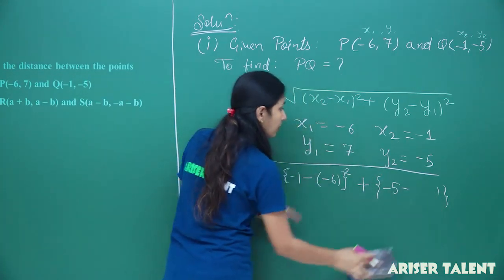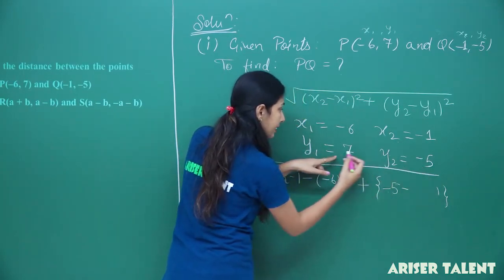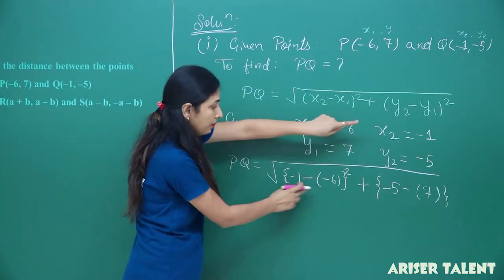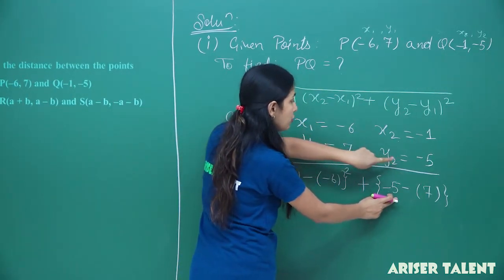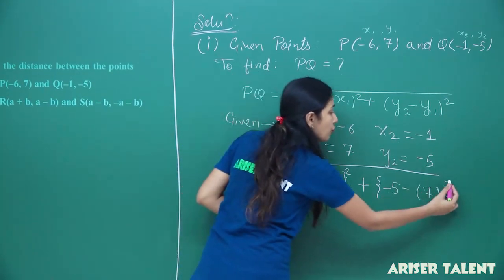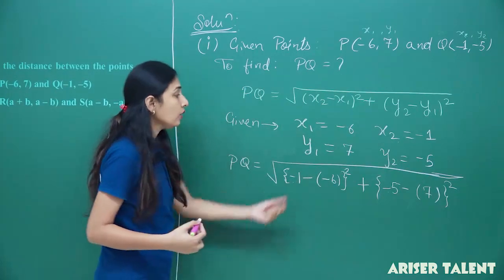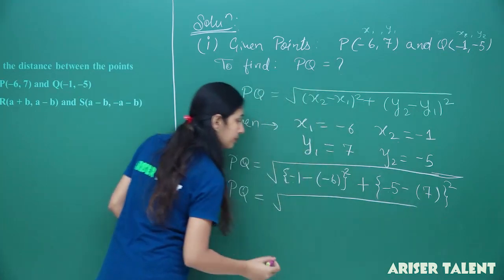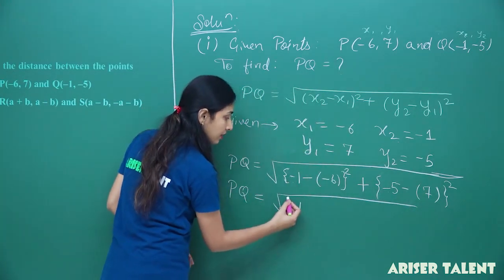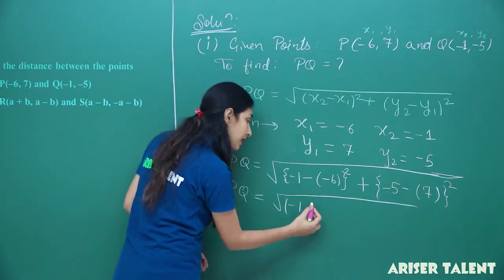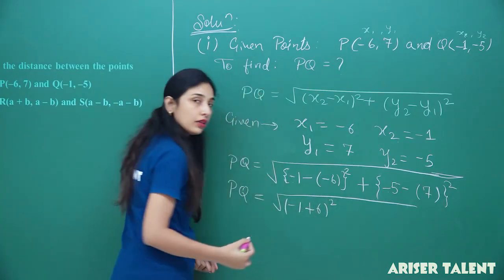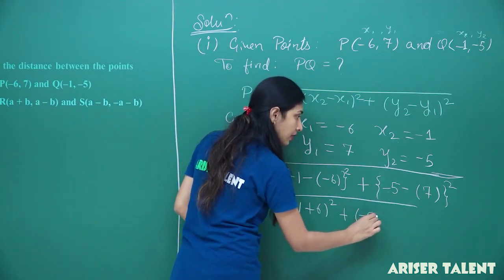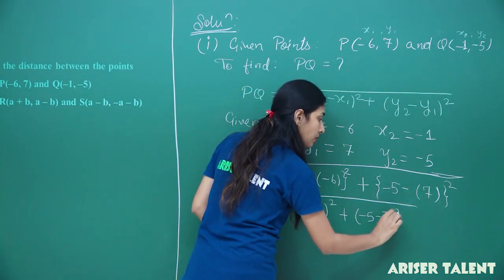The value of y1 is here, minus 5 minus of 7, x2 minus x1 plus y2 minus y1, squares of both, and whole root. So now we can just solve this. Root of, this is 1, this is minus and minus, that will be plus 6 whole square, then plus minus 5 minus 7 whole square.